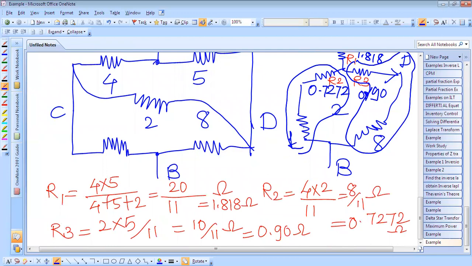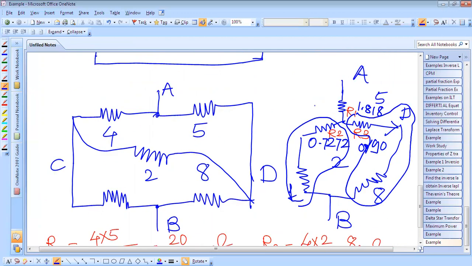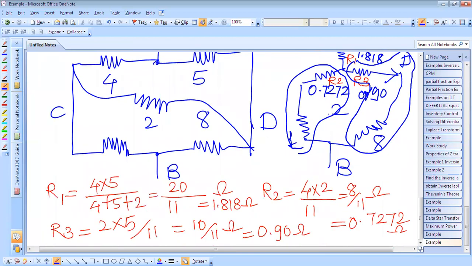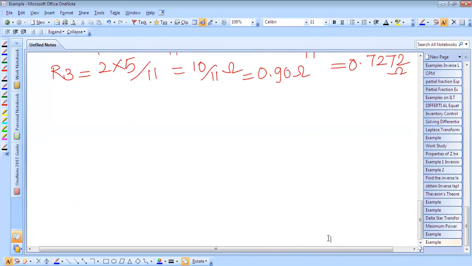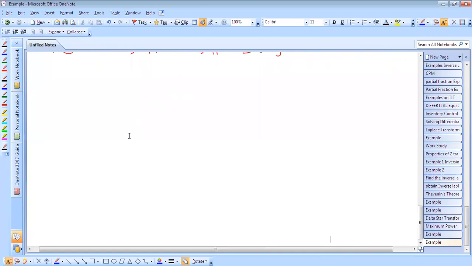I can add here this. So this will be the 1.7272. So this resistance is 1.818. This is a terminal.